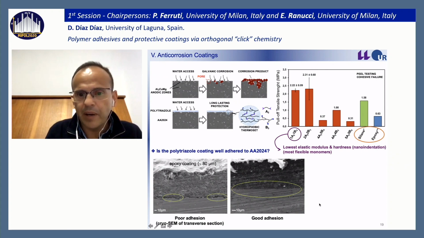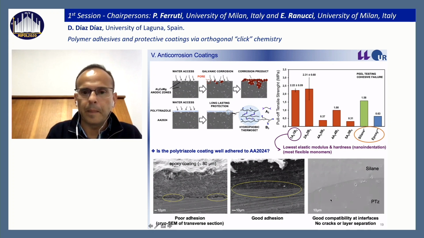If you think about whether the inner layers are really well connected to each other, we can take some SEM image or cryo-SEM image, and you can see that the epoxy coating is not really good at some of the interface, but the polytriazole is actually really good through the interface, right?